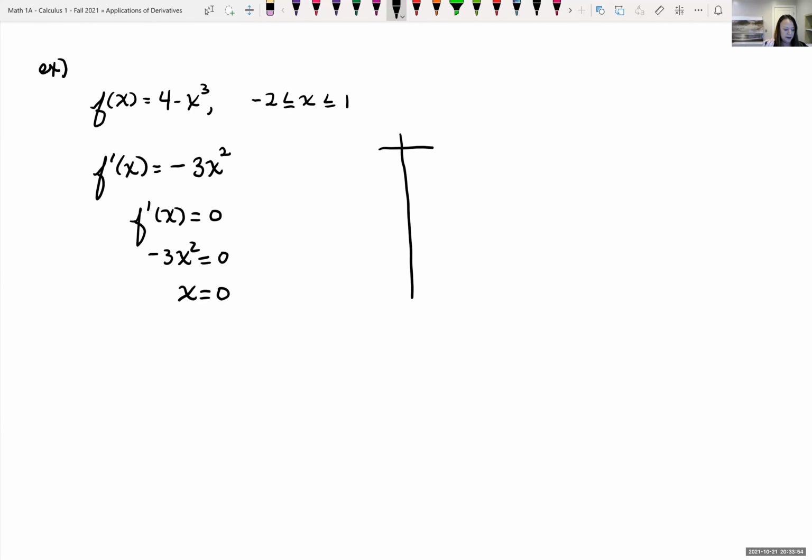The other thing you need to make sure of is that the critical number is in this domain. You might find some critical numbers that fall outside of the domain given, and this one is in the domain. Remember, those local extrema or absolute extrema could occur at the end values of our domain.